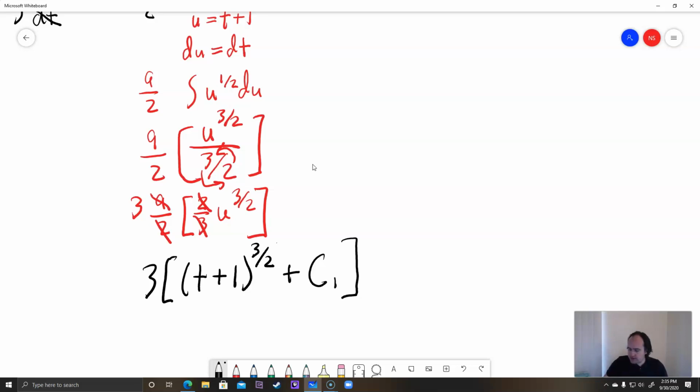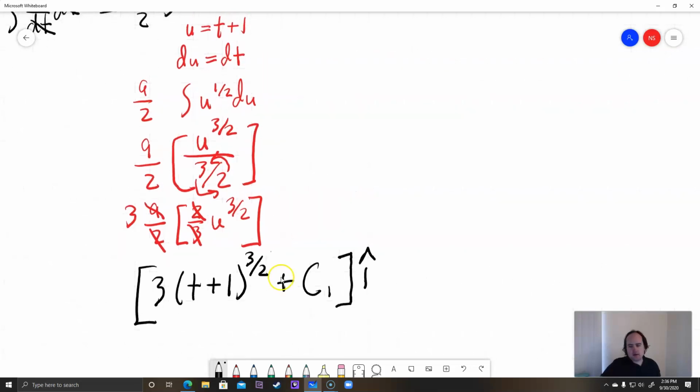Okay, and actually this 3 is not going to refer to the c1. So let me bring the 3 on the inside. So it's going to be 3 times the quantity t plus 1, quantity of the 3/2, plus c1. And then this is all times i, because it's the first component. And then that's our first component.